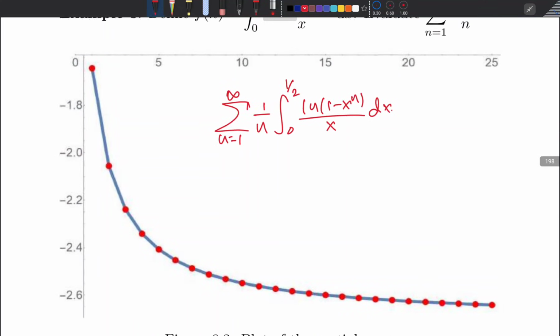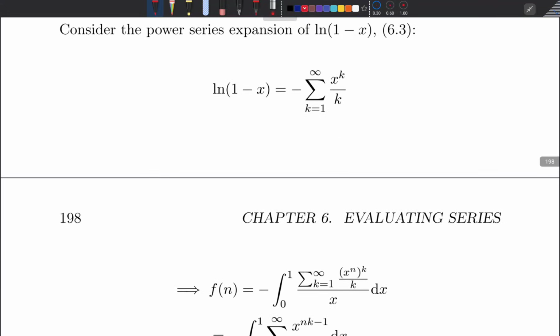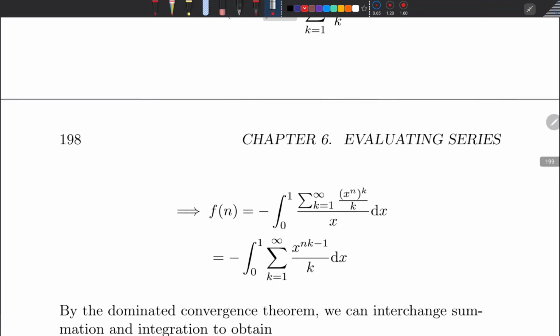So that's what we are going to evaluate here. We have the expansion of natural logarithm of 1 minus x as minus the sum as k goes from 1 to infinity of x to the k over k.